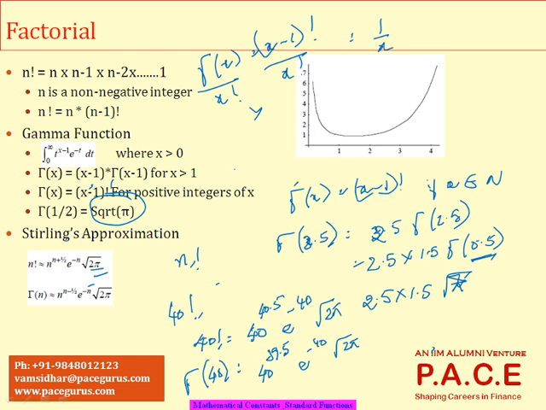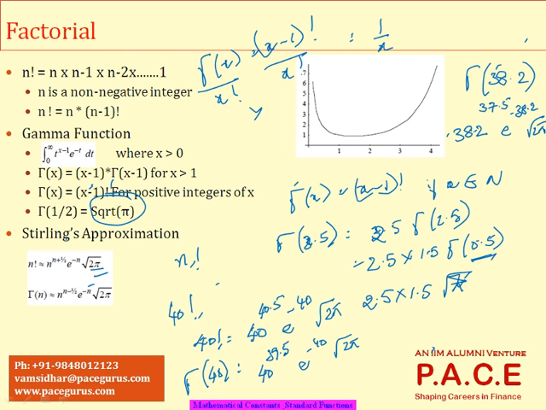In some cases, probably if the question asks for the value of gamma 38.2, that is one of the places where I suggest you use the Stirling approximation: 38.2 to the power of 38.2 minus half, which is 37.5, into e to the power of minus 38.2 into square root of 2 pi.